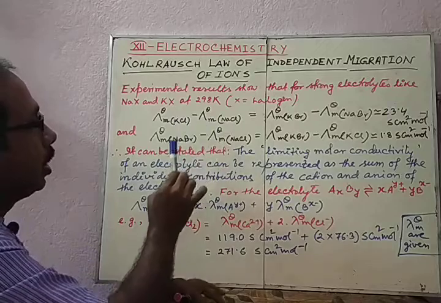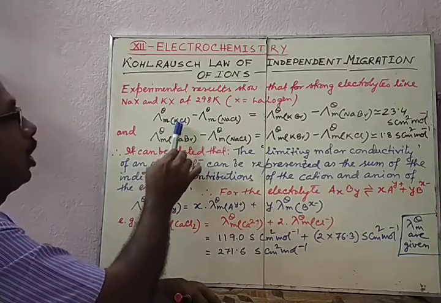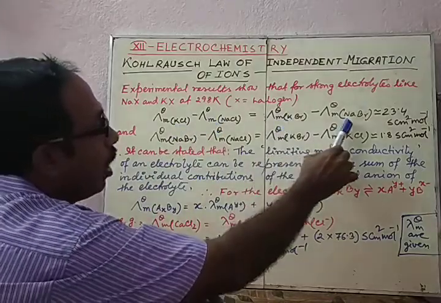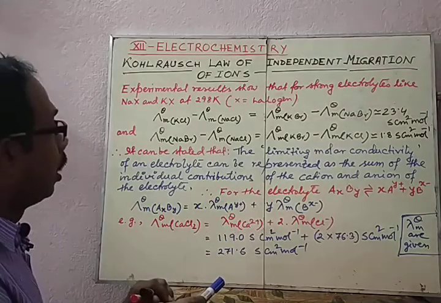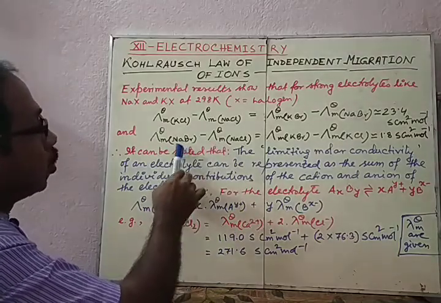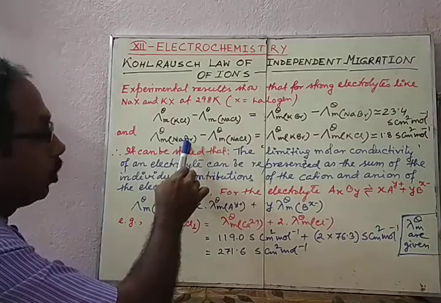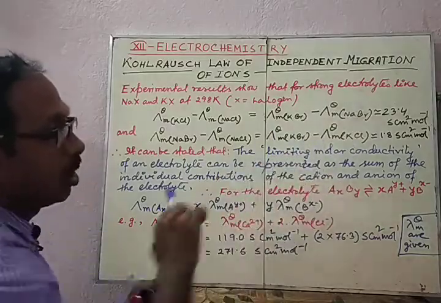Here, since Cl is common, the difference is basically the limiting molar conductivity of the contributing potassium and sodium ion, and here also potassium and sodium ion, their limiting molar conductivity is different. And here sodium is common, so the difference is that of limiting molar conductivity of Br and Cl. Here Br and Cl, potassium is common.